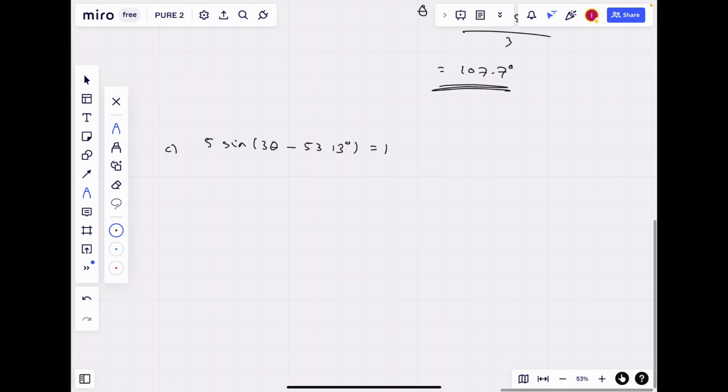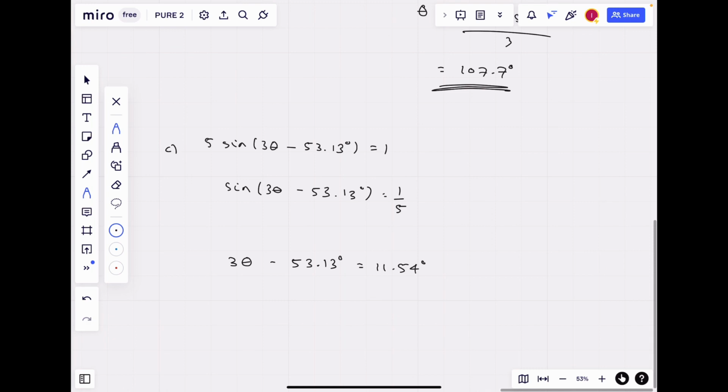Okay, first step is to take the 1 over 5. So sine of (3 theta minus 53.13) equals 1 over 5, which gives, inverse sine of 1 over 5, 11.54, I believe.